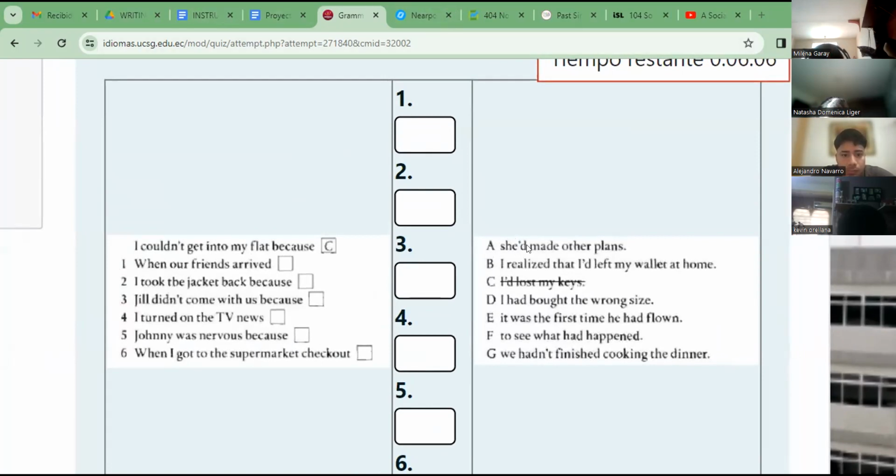Remember when you have this apostrophe D in this tense, it is had, not would, because the apostrophe D is the same contraction for would.